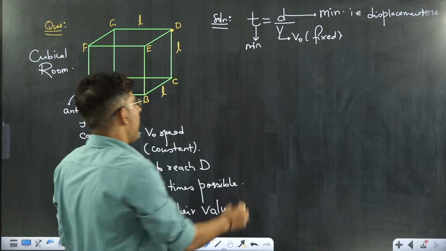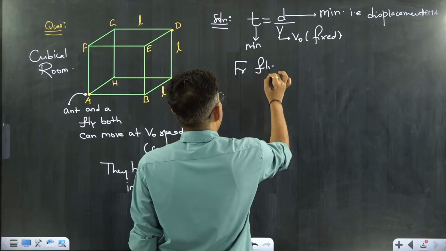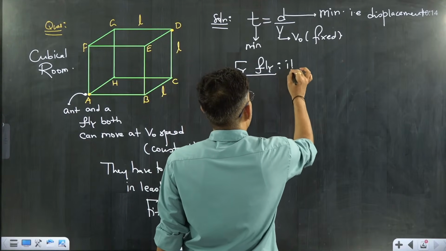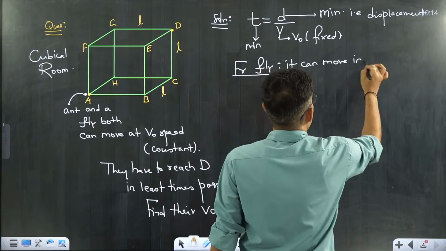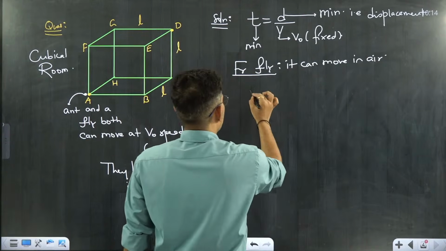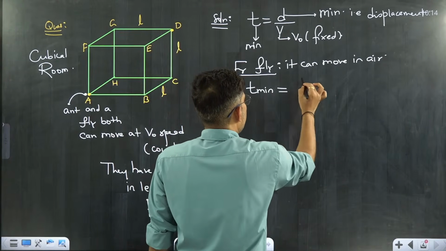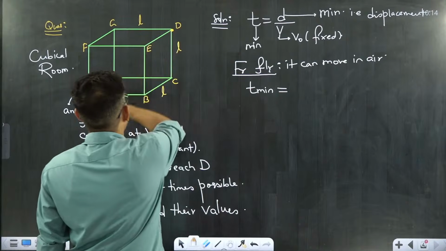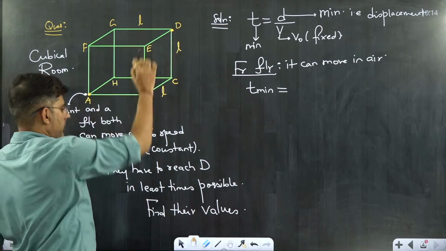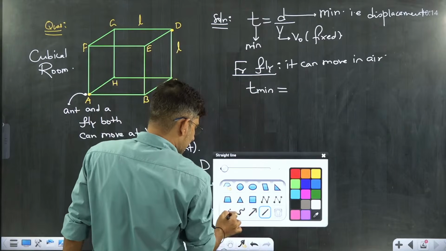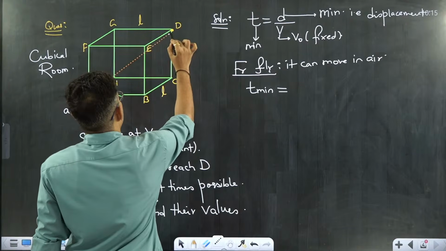Now if I talk of the fly, it can move in air. So what is the minimum time in case of the fly? I will say the shortest distance will be from A to D in air. The shortest distance will be the body diagonal. You can see I am marking it by a dotted line, so you will understand.